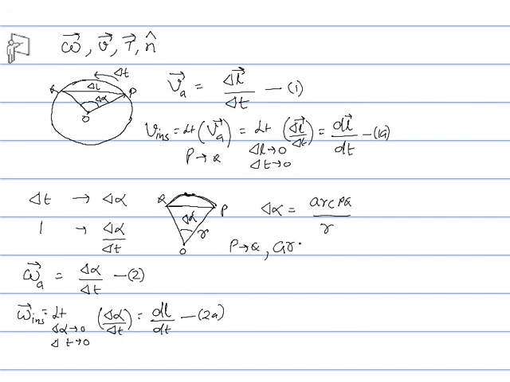So we say that if P tends to Q, then the arc PQ tends to chord PQ, and chord PQ is delta L. So we can say that delta alpha will become delta L by R. Is it clear?